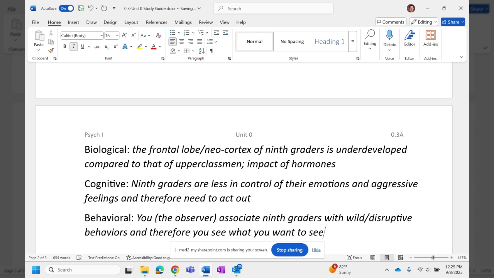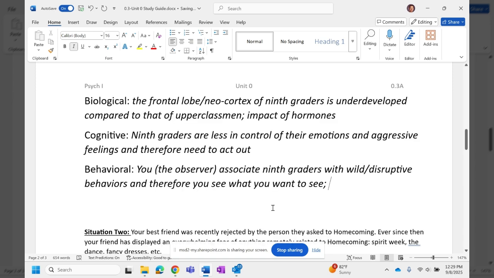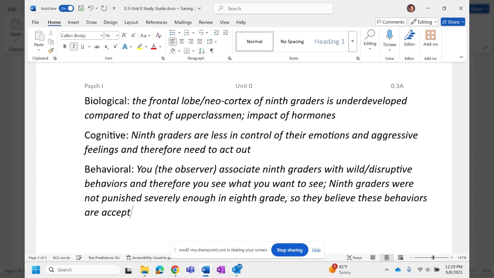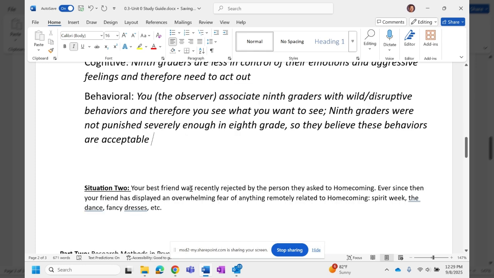On the flip side, if you want to stick to analyzing the ninth graders, we could look at how maybe ninth graders were not punished severely enough in 8th grade, so they believe these behaviors are acceptable. You know, the whole generation getting soft, things like that.